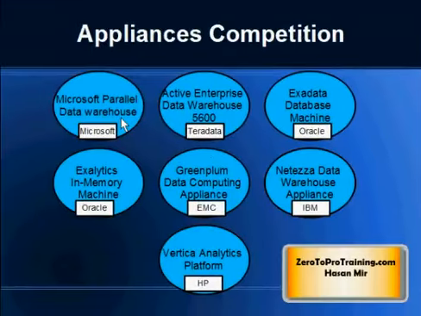So Microsoft Parallel Data Warehouse from Microsoft, Active Enterprise Data Warehouse from Teradata, Exadata Database Machine from Oracle, Exalytics In-Memory Machine from Oracle, Greenplum Data Computing Appliance from EMC, Netezza Data Warehouse Appliance from IBM, Vertica Analytics Platform from HP. So these are some of the competitors.